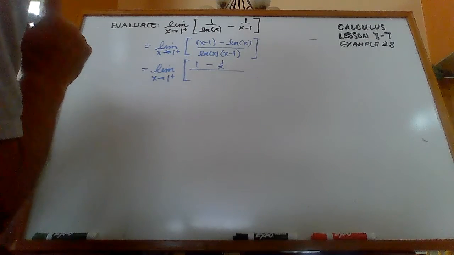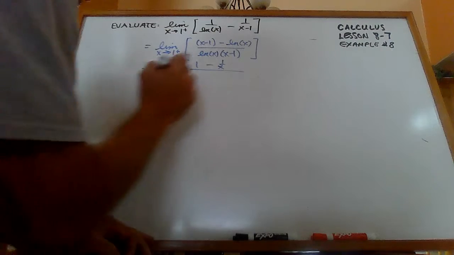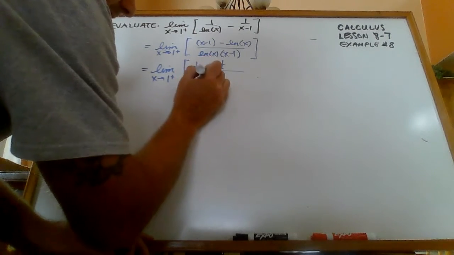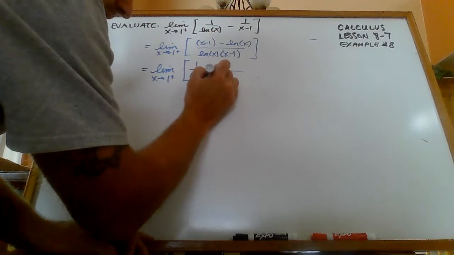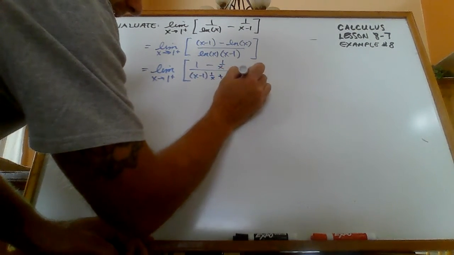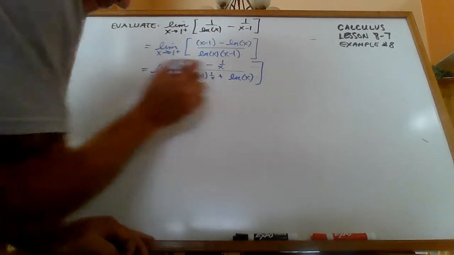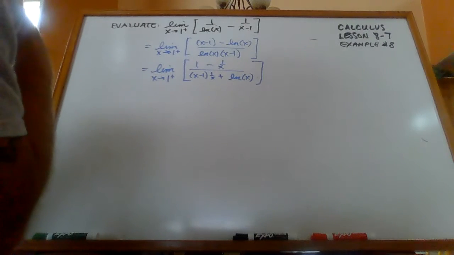Then on the bottom, I'm going to take the derivative of that. I'm going to get x minus 1 times 1 over x plus the natural log of x. Okay, so I use the product rule on this bottom part right here.